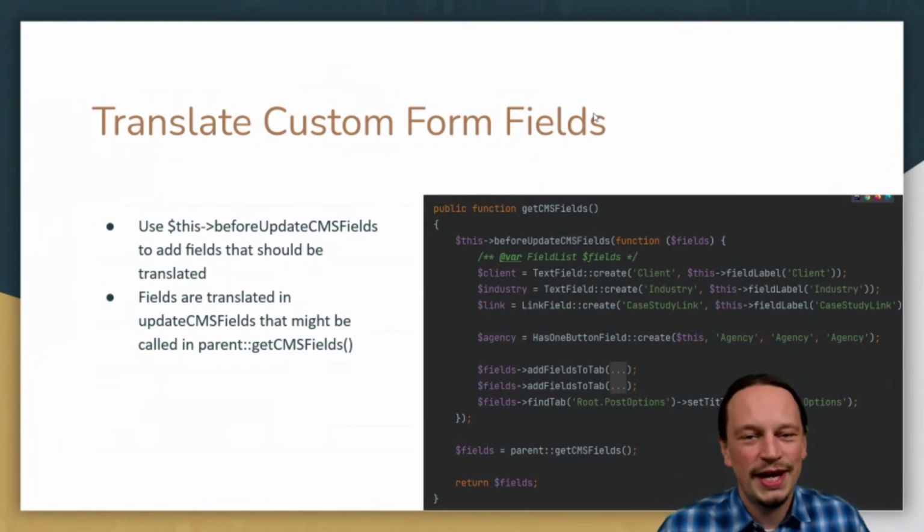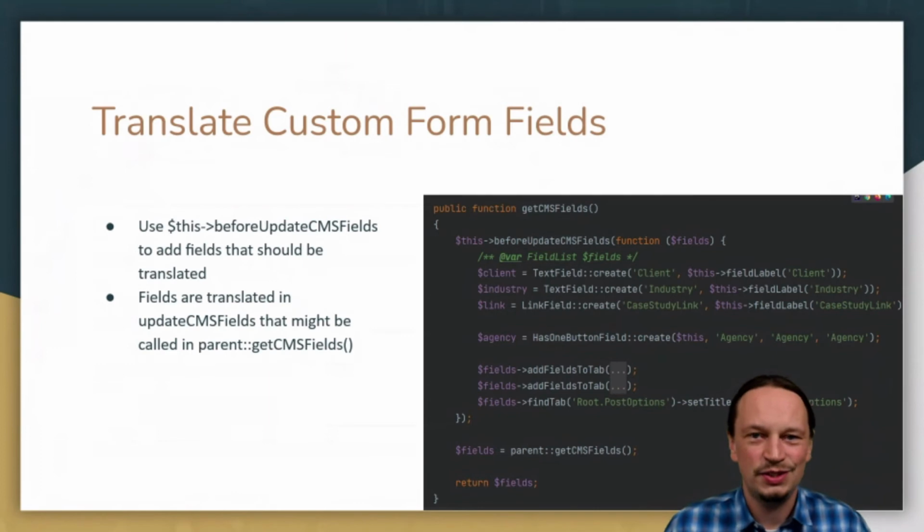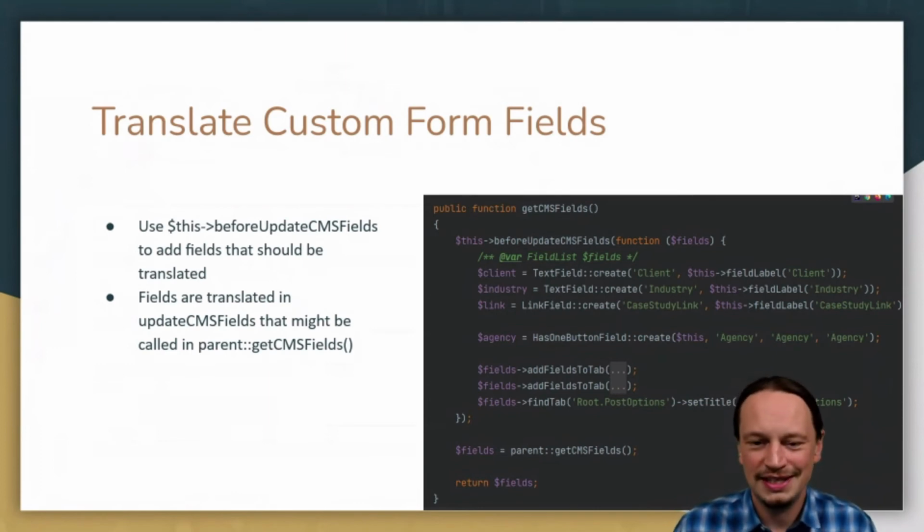When you want to add form fields to your data objects, then you need to use a little trick. Then you need to add these form fields in beforeUpdateCMSFields when you're actually calling parent getCMSFields. Why is that?